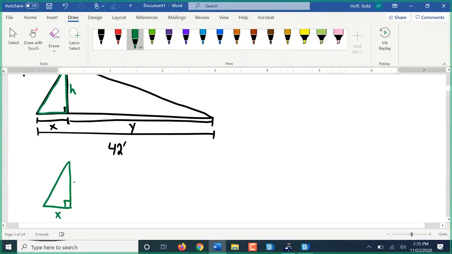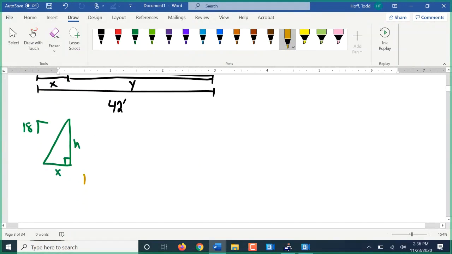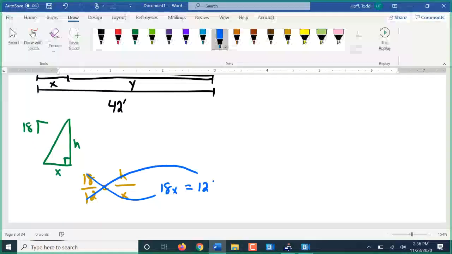So I have a run of x, a rise of h, and it's an 18-12 slope. So that means 18 over 12 equals my rise of h over my run of x. And I'll cross multiply. 18 times x is 18x equals 12 times h is 12h.